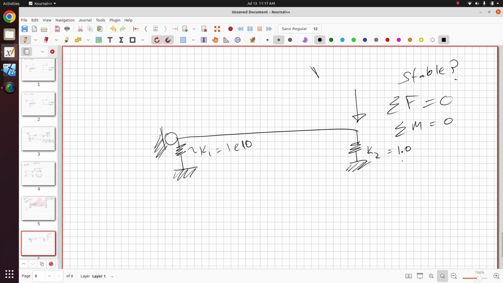Suppose here I put a load or a force of, I don't know, 1 million as an example. So here we're going to write 1 million. Okay then, so roughly, if F equals Kx, and I know my force is 1 million, and then I know K is 1, then my deflection is going to be 1 million.